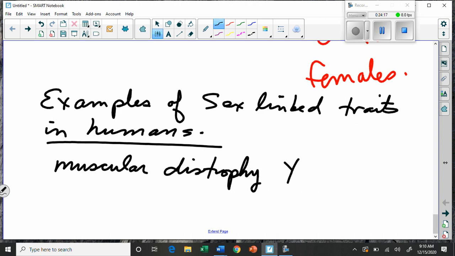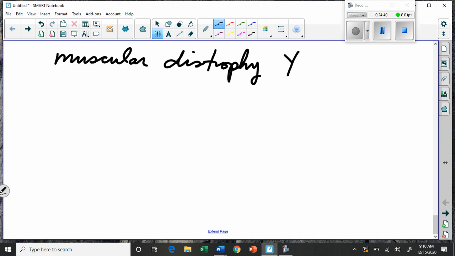If it's linked to the Y chromosome, it tends to only affect the males. It's kind of the reverse: the males get the option of having the 2 alleles, but the females don't have a Y chromosome. So their homologue is the X chromosome, so they're going to have fewer chances of getting the healthy allele. So muscular dystrophy is X-linked.